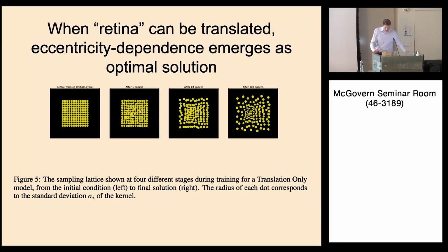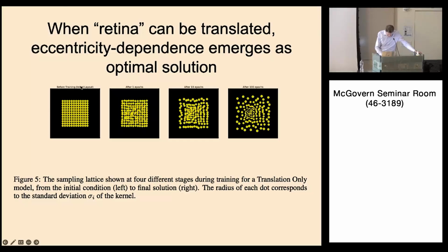What they found was that in the condition where the retina could be translated around, eccentricity dependence of the sampling in the retina emerged as an optimal solution. These are showing the settings of the receptor lattice over different amounts of training, so optimization for this problem. This is the initialization. They initialize these things as uniformly spaced.